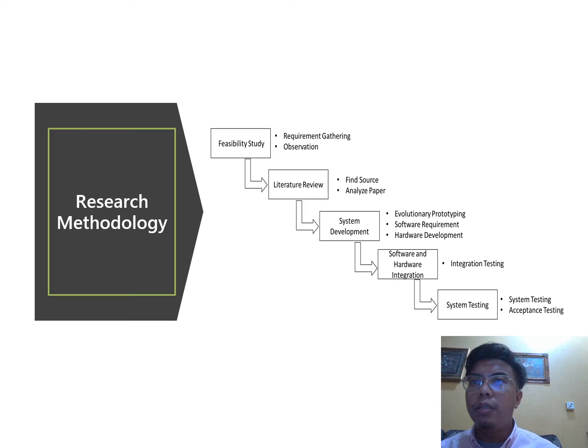The related work on the paper has been found and analyzed. For the system development, evolutionary prototyping has been used as the SDLC, or software development lifecycle, in this system. And lastly, the system has been tested.